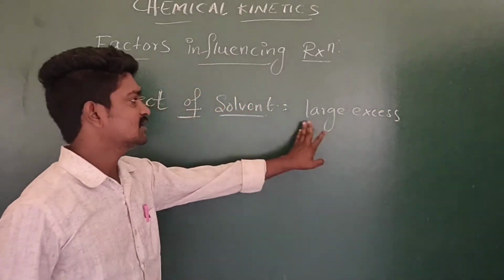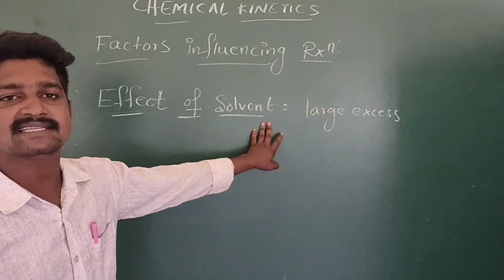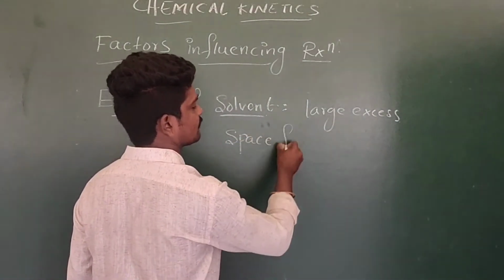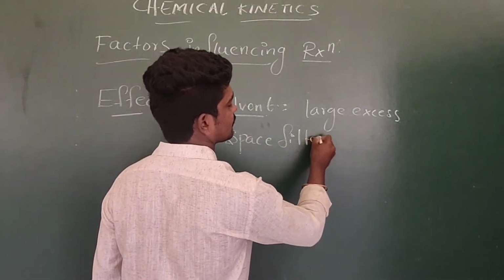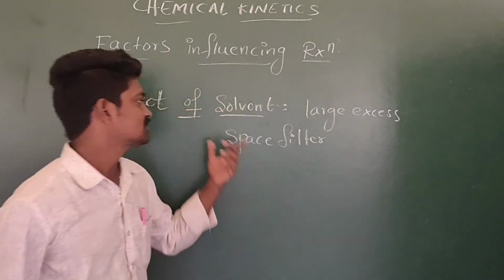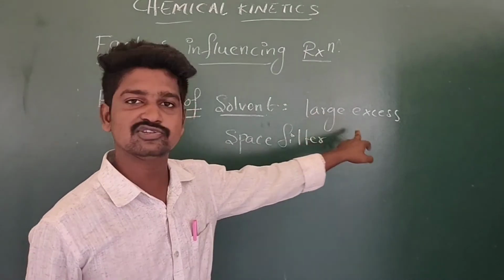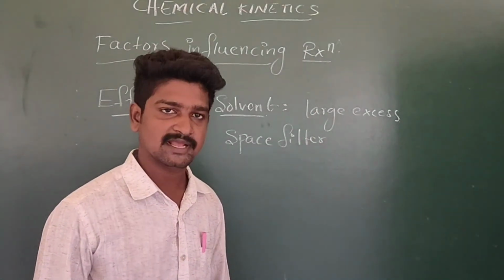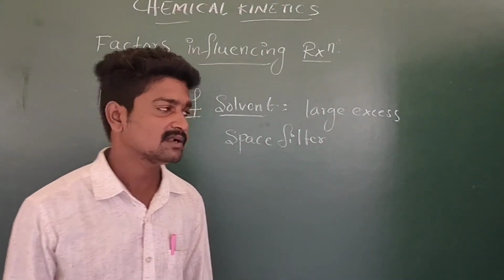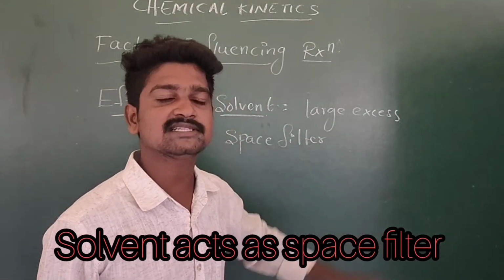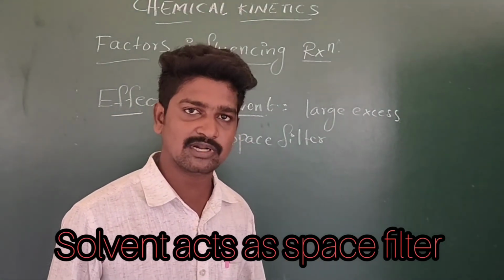Because solvent always acts as a space filler. Okay. So effect of solvent. We are discussing that it is used in large excess amount in the reaction, but it doesn't take part in the reaction or increase the reaction. It just acts as a space filler only.